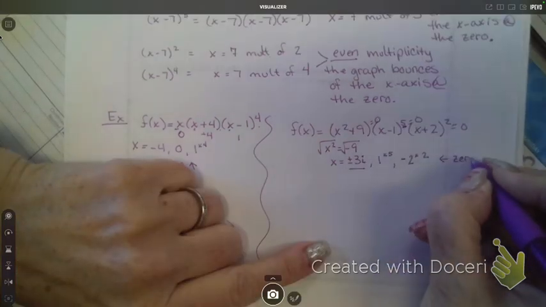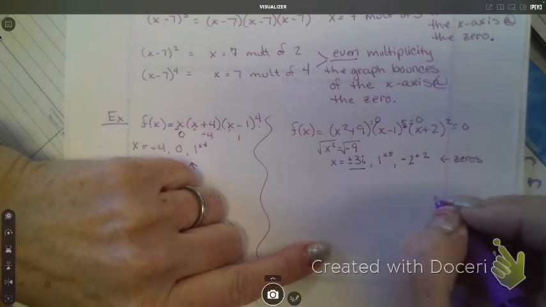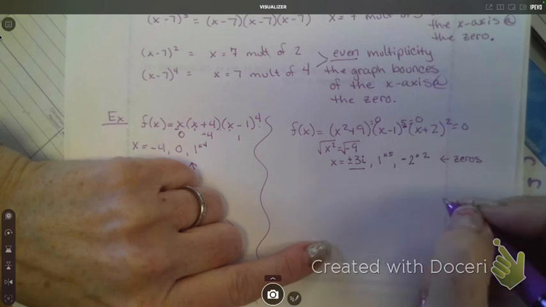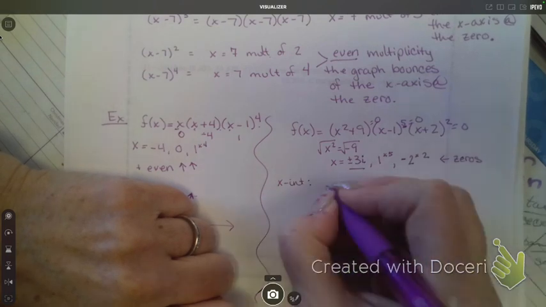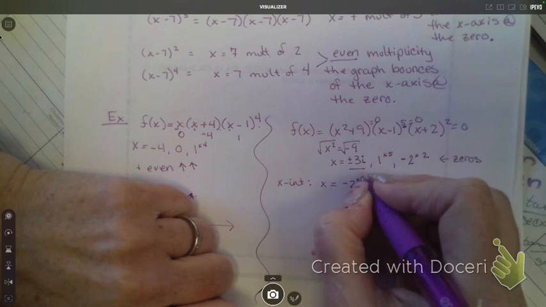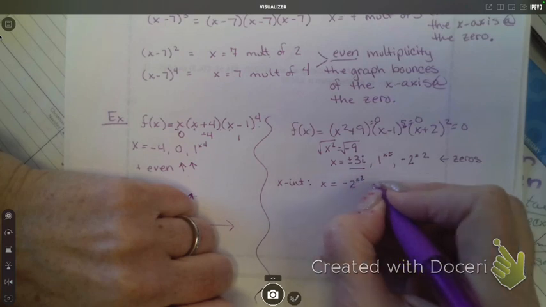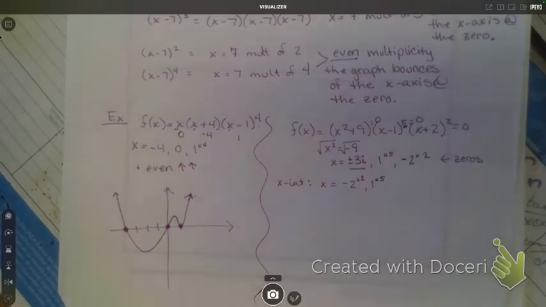Are all of them real? No. Imaginary numbers are not real, right? The x-intercepts are the real ones. And that's x equals -2 and 1. So is there a difference between zeros and x-intercepts in what they are? Yes. Is there a difference in how we find them? No.